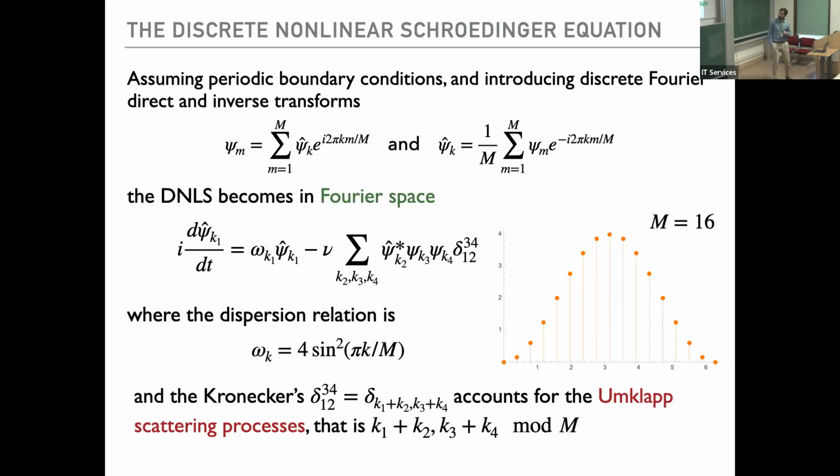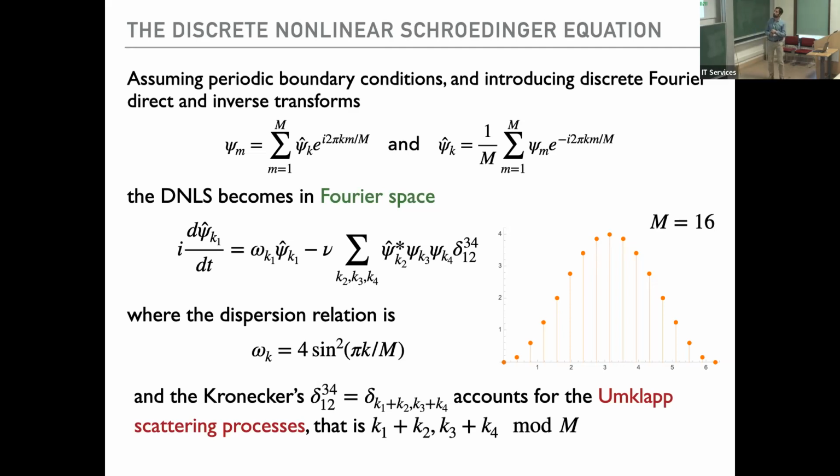So what do we do with this discrete nonlinear Schrödinger equation? The standard technique, as Miguel showed this morning, is to rewrite this equation in Fourier space. Since we have a discrete system, we introduce discrete Fourier transforms to go from psi_m, the complex value at site m, to psi hat k, which is the complex amplitude of the kth normal mode.